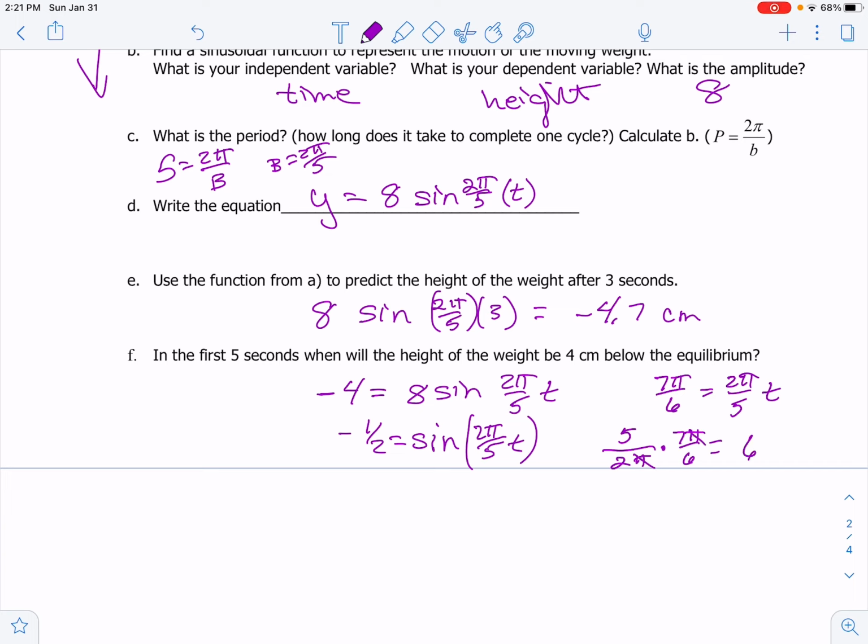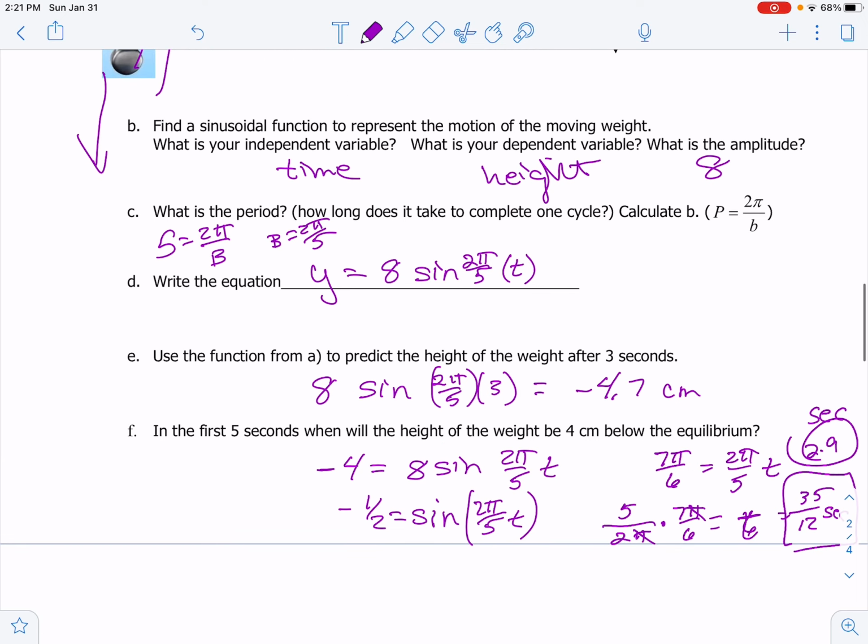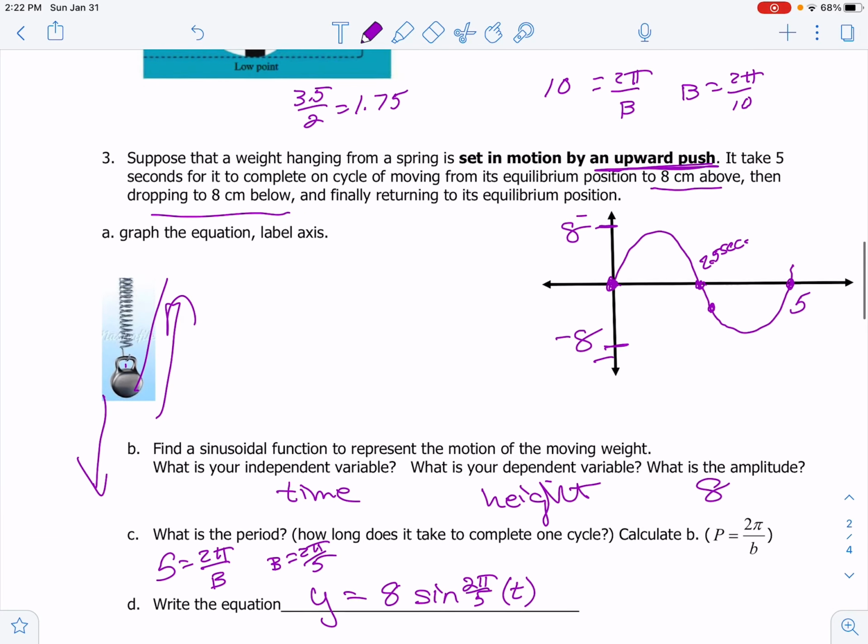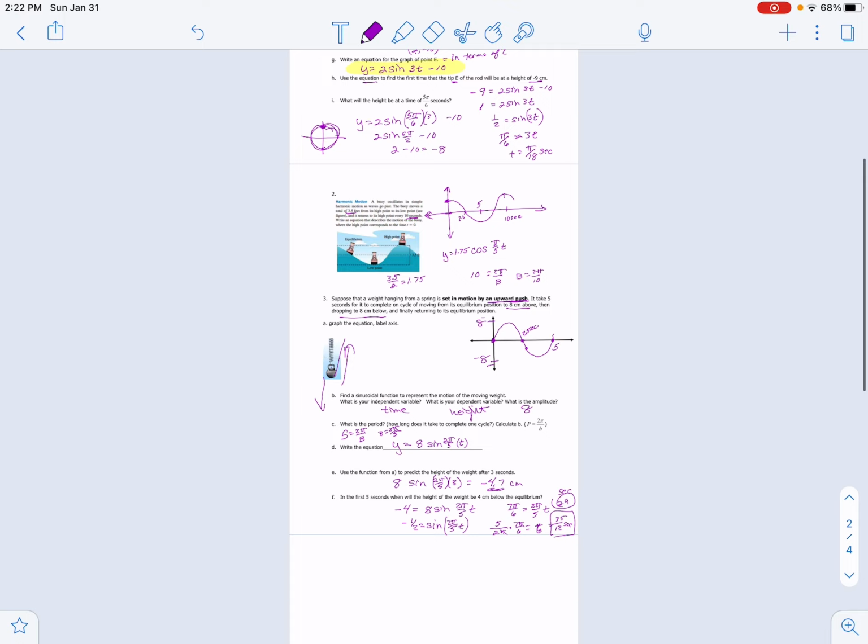Your pi's cross out and you get t equals 35 over 12 seconds. That's 35 divided by 12, which is 2.9 seconds. Which makes sense, because at 3 seconds it was further down, right? We did good. All right, that's all there is to it. Practice, practice, practice.